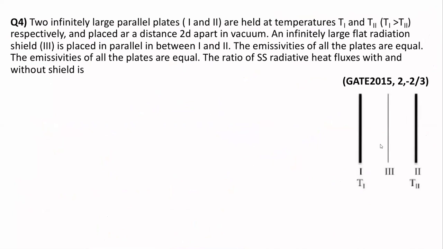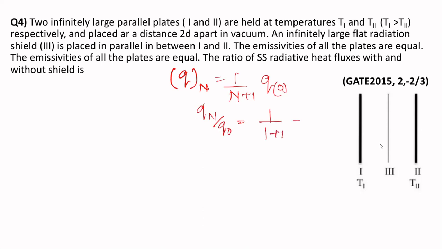You simply write Q at n shields is equal to 1 by n plus 1 times Q without any shield, and you are asked the ratio with and without shield. So Qn by Q naught is equal to 1 by 1 plus 1, because there is just one shield, which is 0.5, and simply by knowing the formula you have grabbed 2 marks.